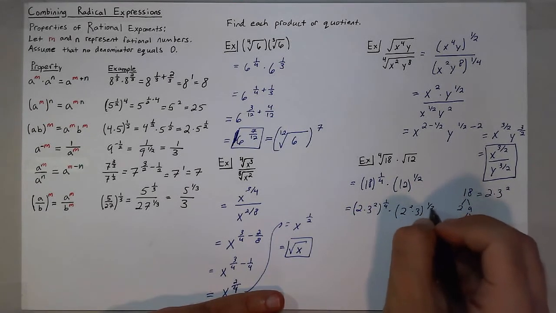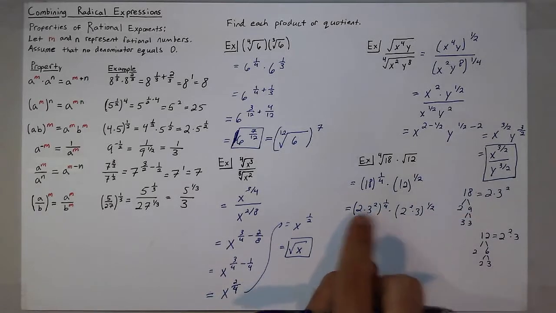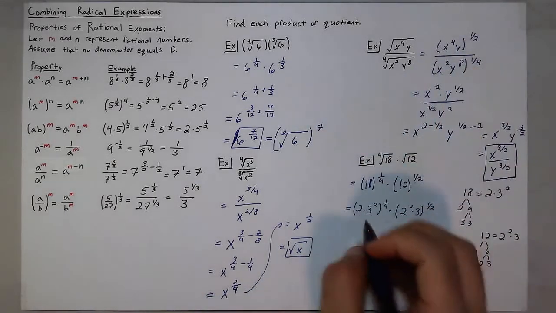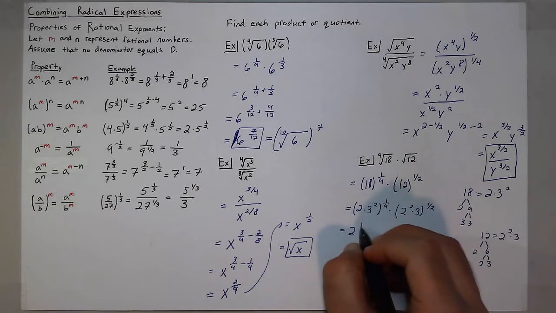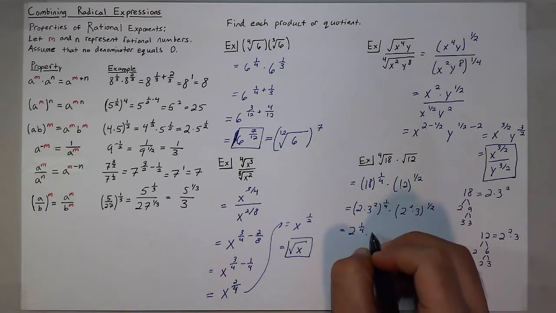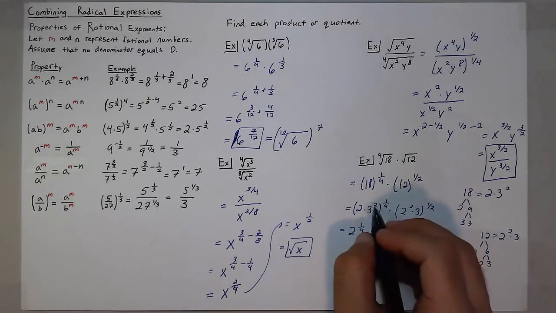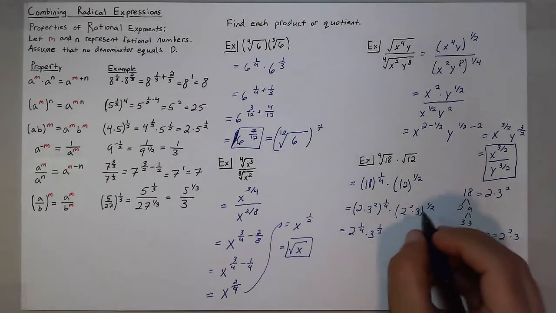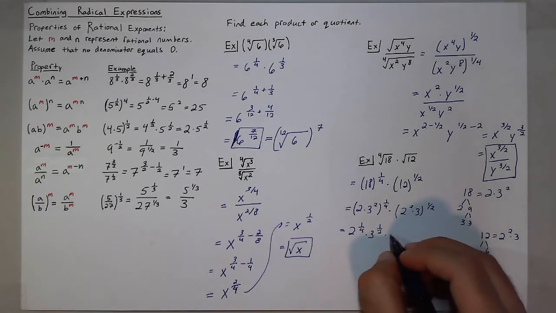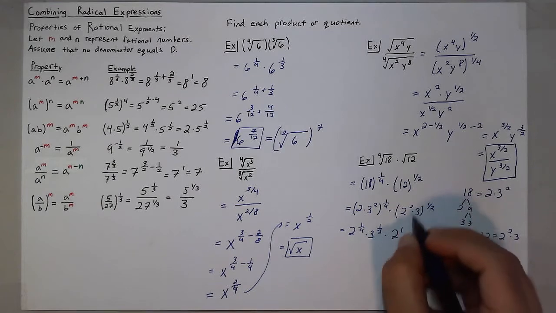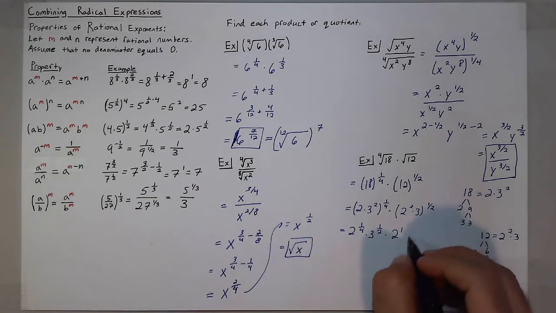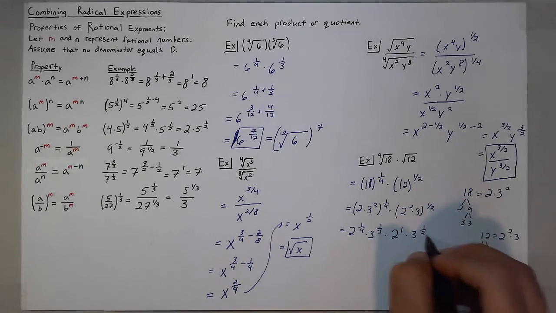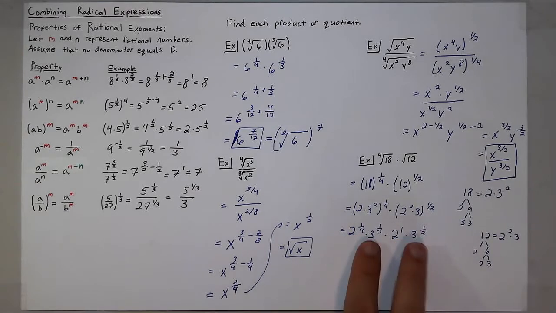And now if I distribute that exponent in like I did above, I'll get 2 to the 1/4 times 3 to the 1/2, because 2 times a fourth is a fourth, and then times 2 to the 1st power, because 2 times a half is 1, times 3 to the 1/2, and now I can combine the like bases.